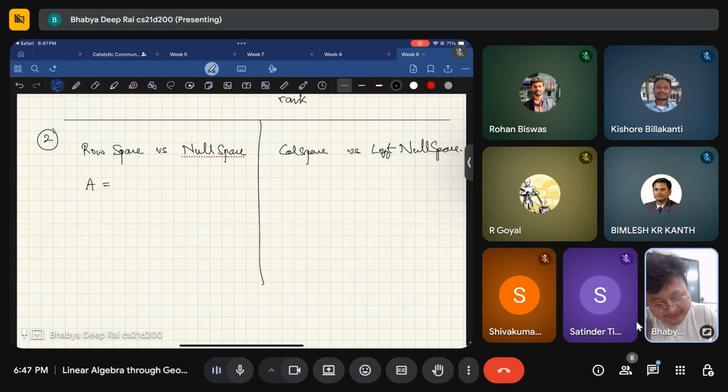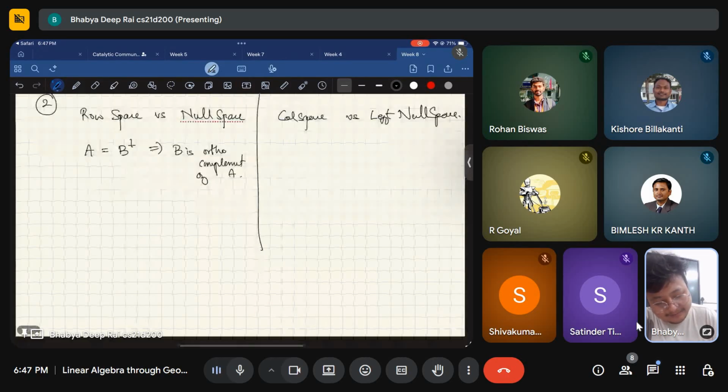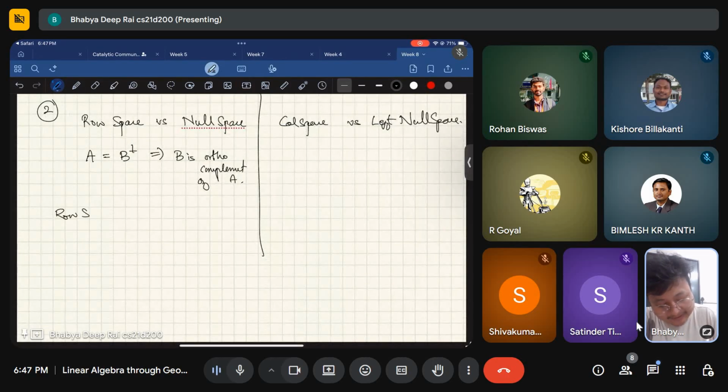So if A is equal to B transpose, then B is the orthogonal complement of A. What this means, obviously, because of this definition, is that the row space of A is equal to the orthogonal complement of the null space. Sorry, not transpose, but orthogonal complement.